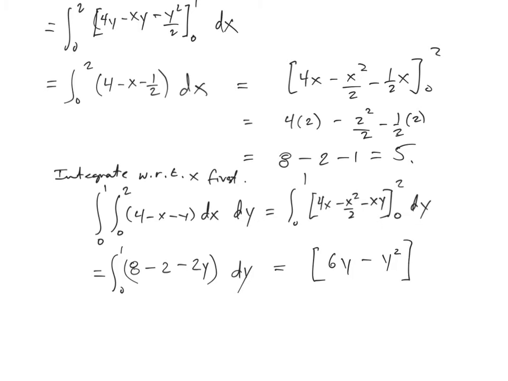Integrate that, that's 6y minus y squared, where y goes from 0 to 1. So I'm going to get 6 minus 1, which is equal to 5. I get the same result. Okay? Doesn't matter which way I integrate, x first and then y, or y first and then x, I get the same result because the function I'm integrating, 4 minus x minus y, is continuous over this region.